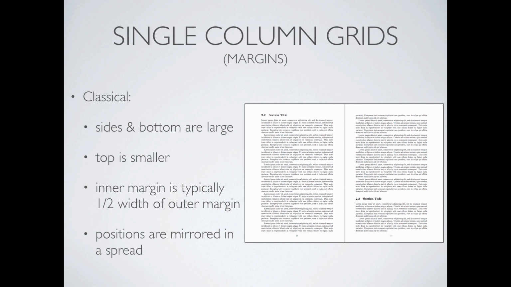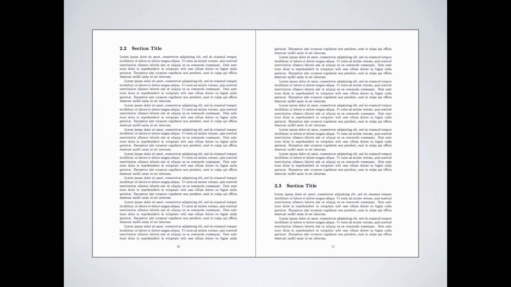The inner margin is usually half the width of the outer margin. So the outer margin here is going to be wider than the inner margin. Pick up a book and take a look at it, and you'll see this kind of thing happen. The positions tend to be mirrored if we're doing a spread. If we're doing a facing page, where they are on one side tends to be mirrored on the other side. So here's our example page, just blown up a little bit.